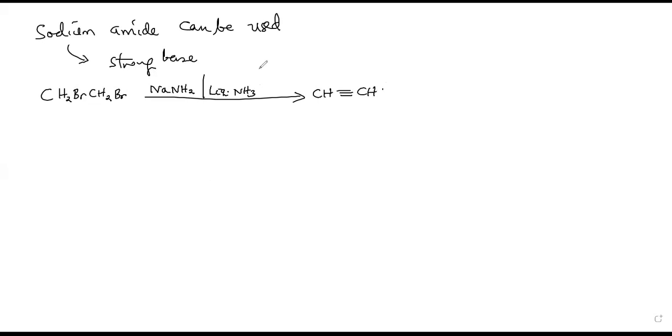And the mechanism all begins like this. If you have used sodium amide, we shall have the sodium amide first dissociating into a sodium ion and an amide ion. So this one being a nucleophile, we shall use this one to attack. However, still the steps of splitting are like what we did. So you're going to split this.